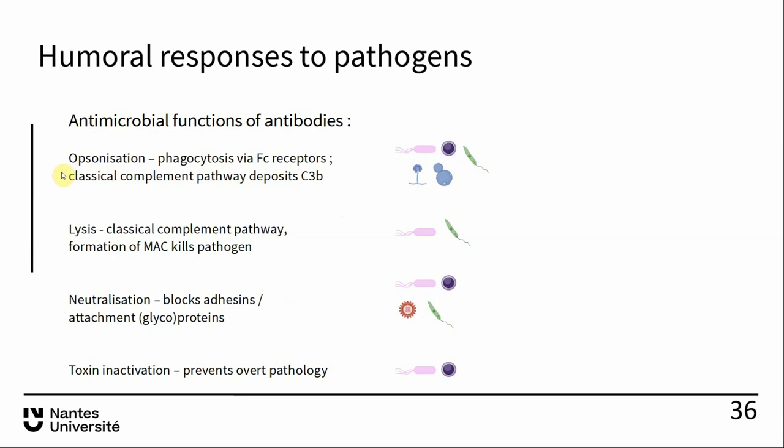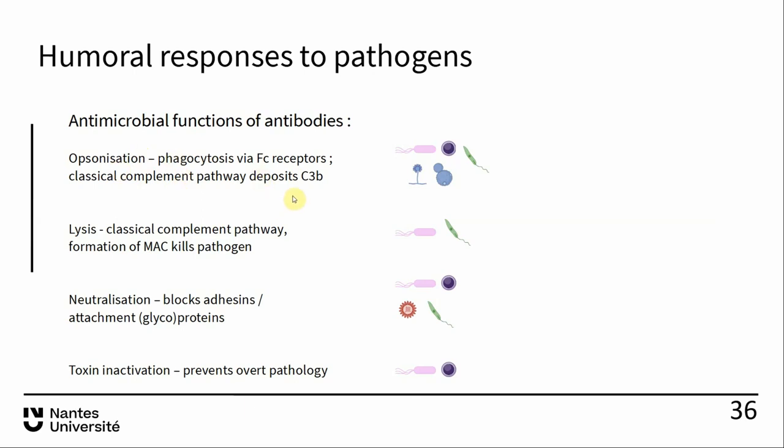So getting back to the effector functions of antibodies, opsonization, very important, okay? Antibodies binding to the surface of a pathogen will allow it to be phagocytosed by cells which carry Fc receptors, mononuclear phagocytes, and also neutrophils.